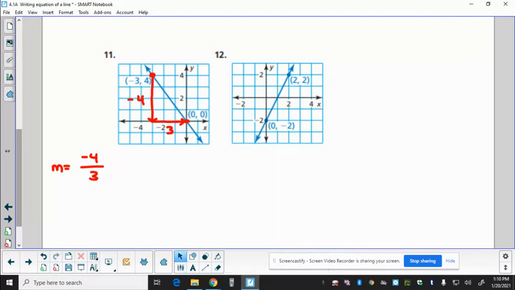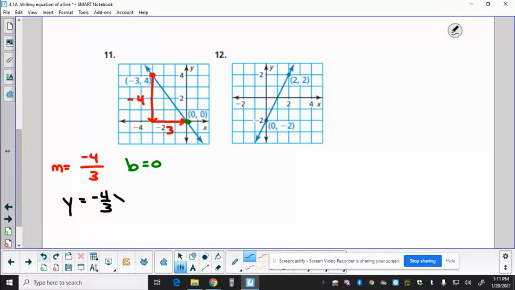B is 0. Let's write the equation. Y equals m. Remember, put the negative wherever you want in that fraction. X plus b. Now, do I need that 0? No. There you go. That's all you need for that problem.